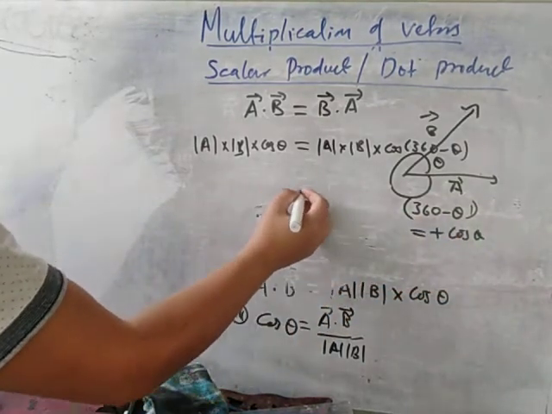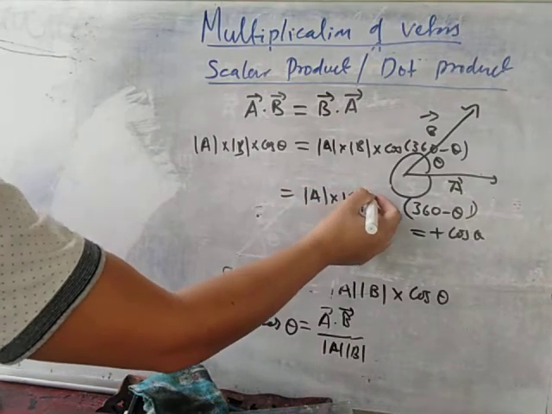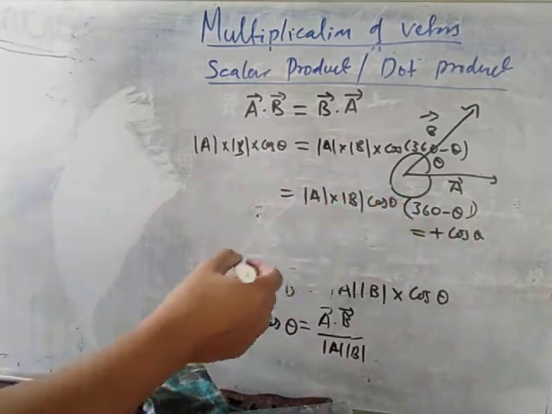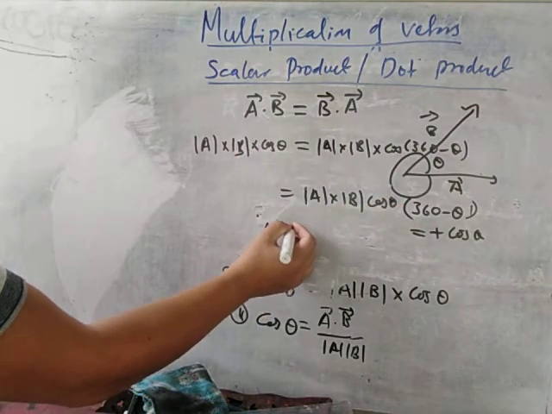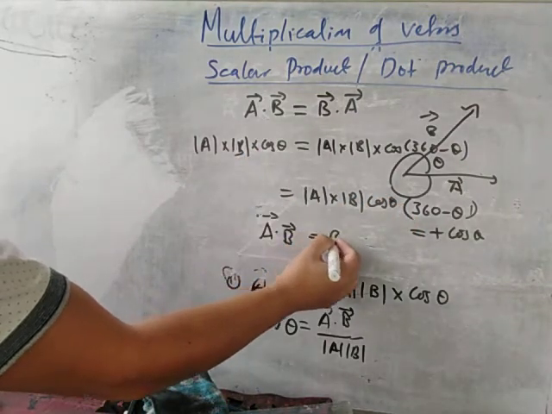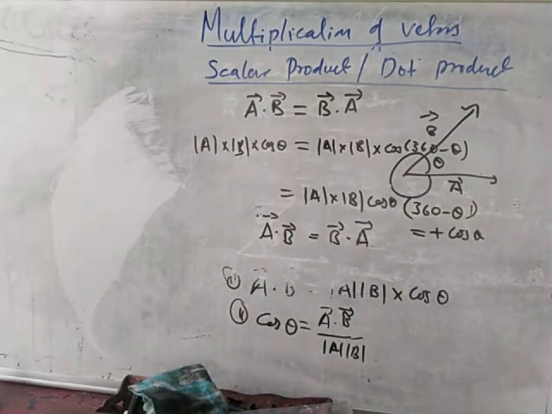So this equals A B cos theta again. So A dot B equals B dot A. So scalar product is commutative.